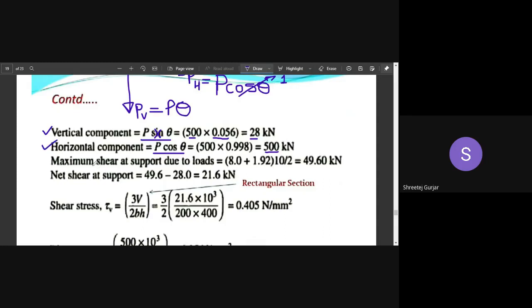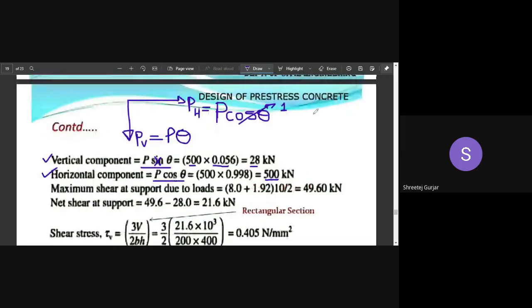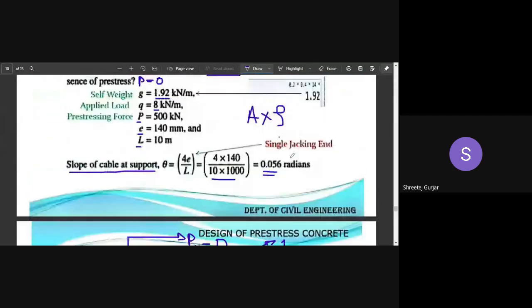Now, the maximum shear at support due to loads, right? We have to calculate the reaction RA. That will be equal to WL by 2. So what is W? The total load acting on the beam. It is the summation of these two.